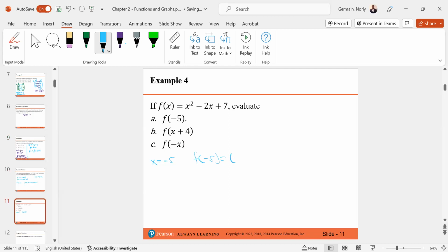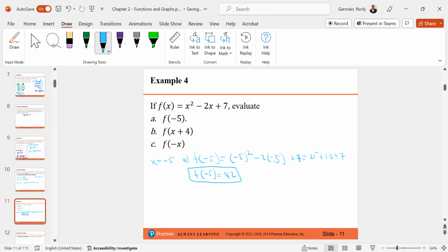So x is -5: (-5) to the power 2 minus 2 times -5 plus 7. This gives you 25 plus 10 plus 7. So f of -5 would be 25 plus 10, which is 35, plus 7, which is 42.